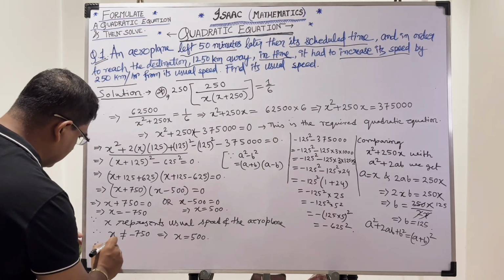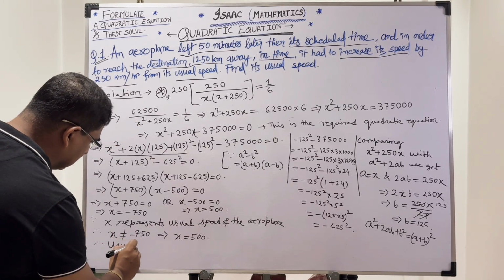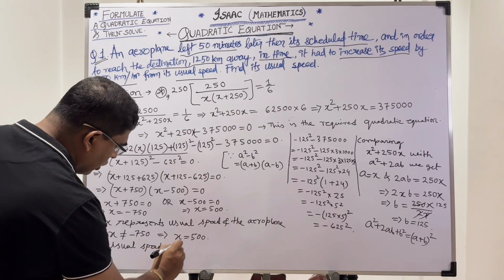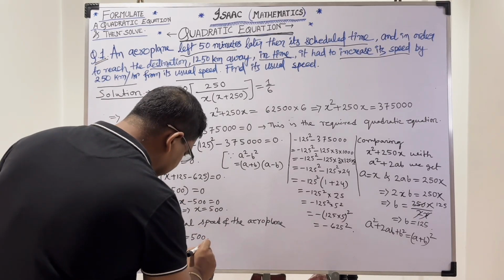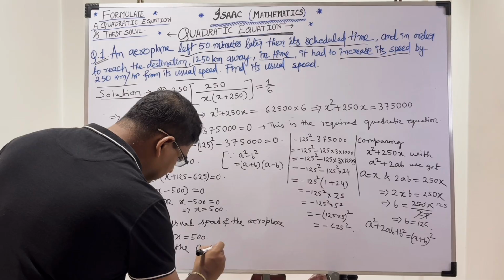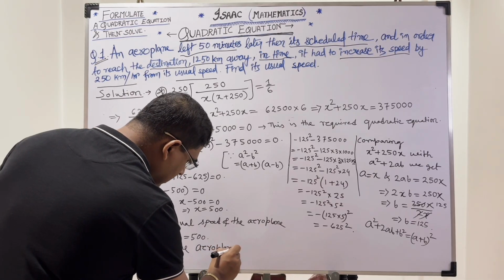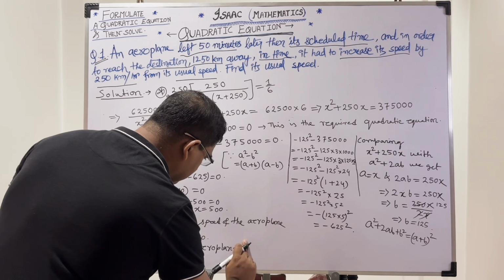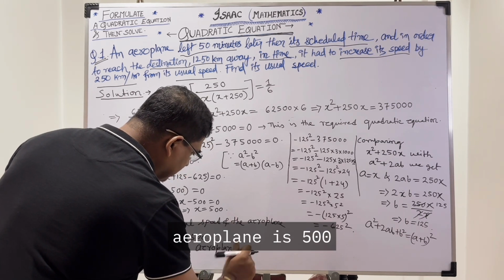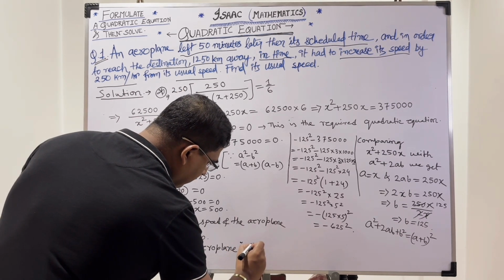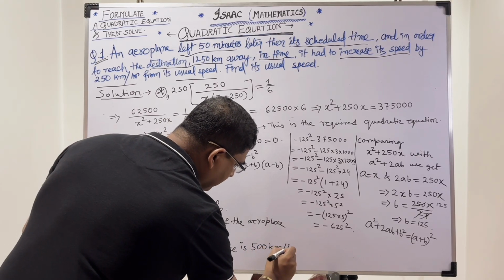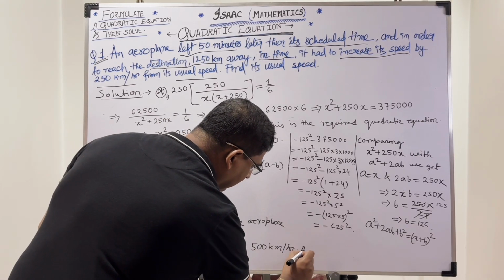So therefore the usual speed of the aeroplane is 500 kilometer per hour.